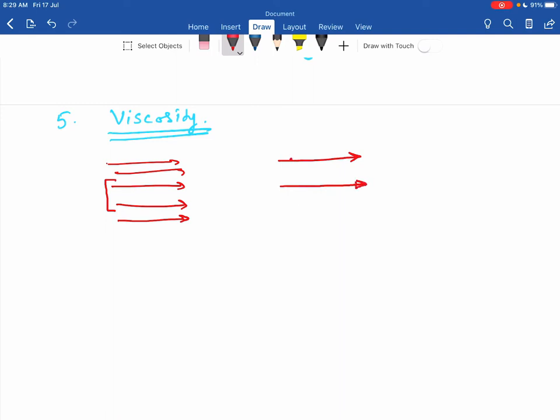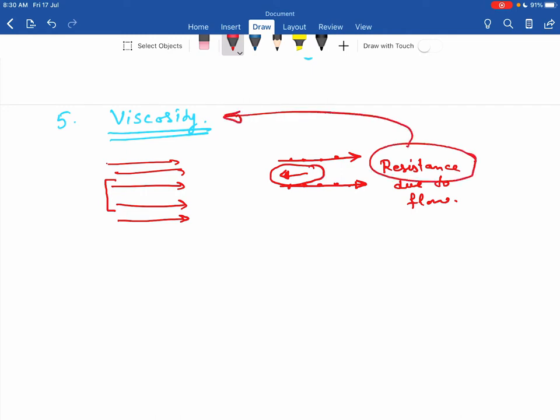Now in this layer we have the molecules of liquid. This layer also has the molecules of liquid. When this liquid is under flowing condition, then what happens? The molecules of lower layer try to push back the molecules of upper layer. So you can say there is existence of resistance due to flow. And the measure of that resistance we can term as viscosity.